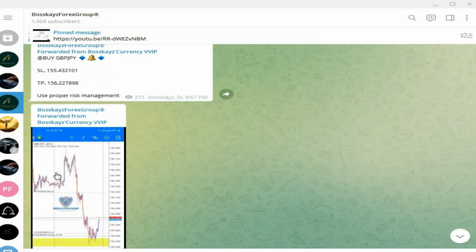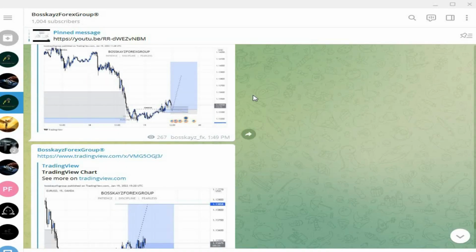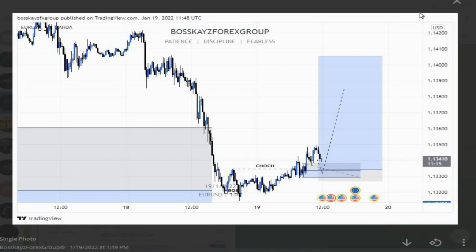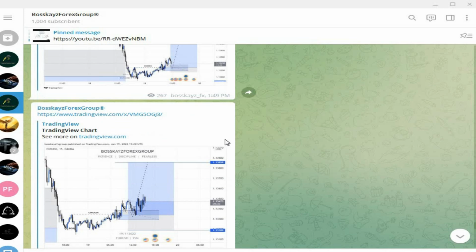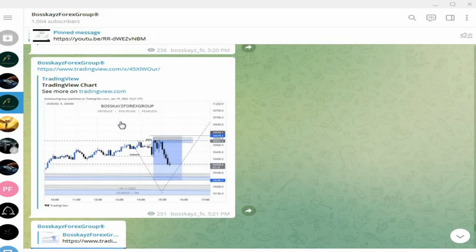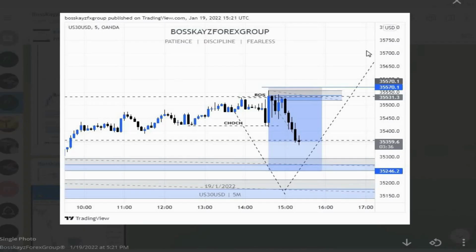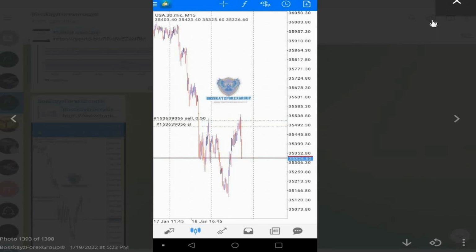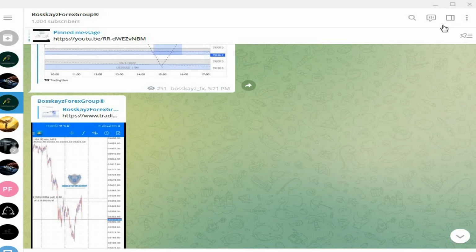As you can see, GBP USD right there, and this was the setup which we shared. We shared the Euro USD setup, a buy, and here they were just chopping around our entry, and the sell on US30 which we took, as you can see, sniper entry there.